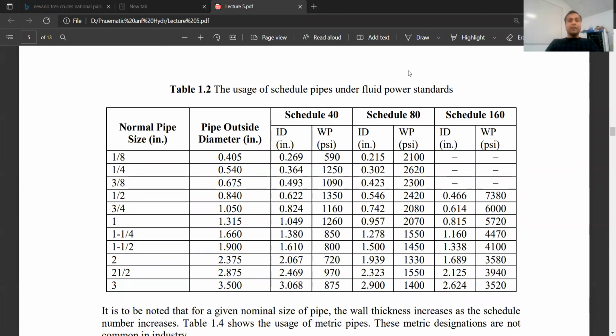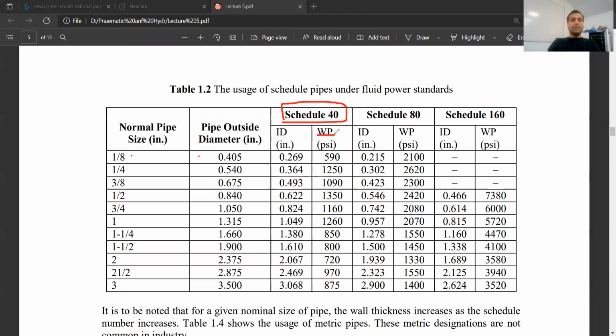Now, these are different fluid power standards and different pipes. So the nominal pipe size in inch, the outer diameter of the pipe, and these are different schedules, different standards we need to meet. Schedule 40, Schedule 80, Schedule 160. And they give you at least what the minimum internal diameter should be, and what the working pressure should be.